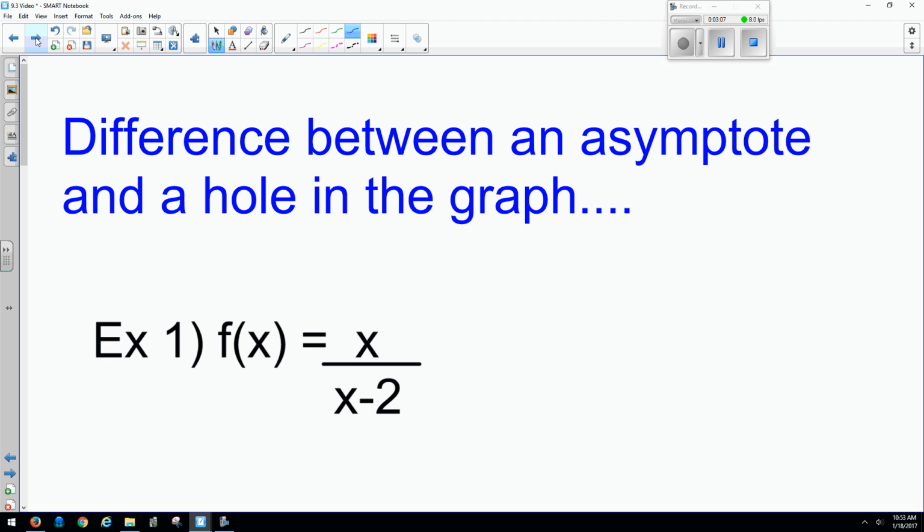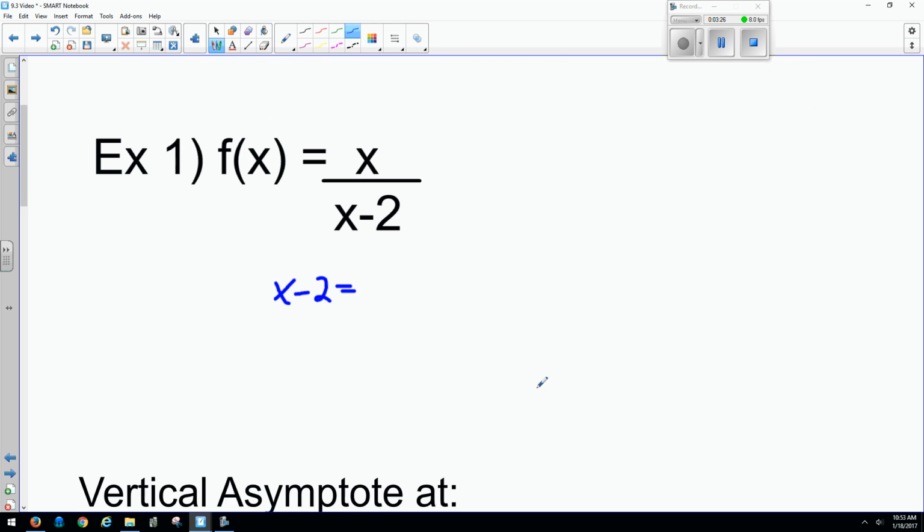So there's a difference between finding an asymptote and finding a hole in the graph. So when we look at this function right here, f of x equals x over x minus 2, I'm going to take that denominator and set it equal to 0 to see where this function is discontinuous.